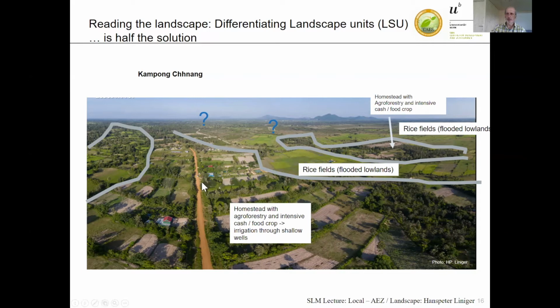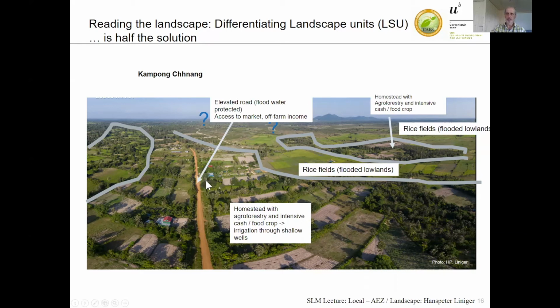So when you're looking for solutions, don't mix them up. Solutions here and here are at a different level, on a completely different scale. Okay, and that one, for instance, also realizing proximity to infrastructure, a road provides possibility to have access to markets, and on the other hand, also off-site income.